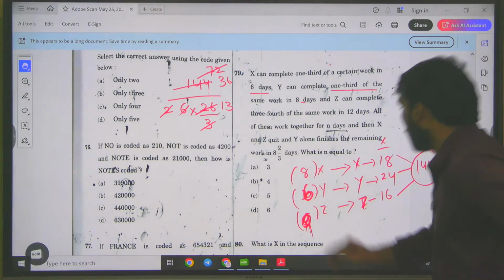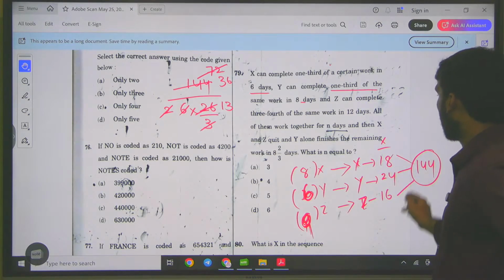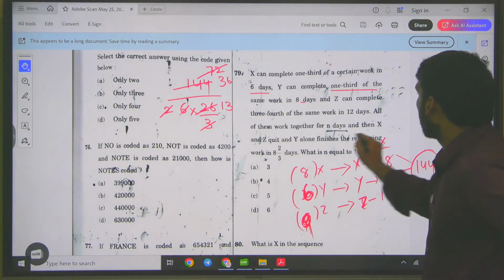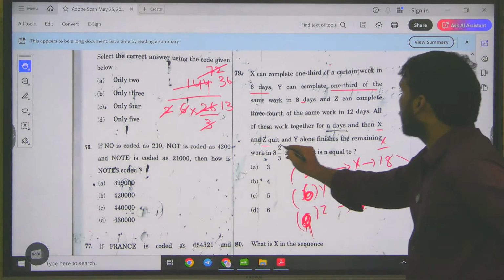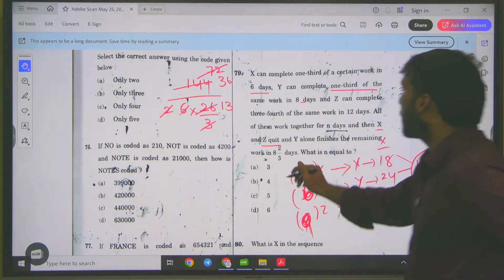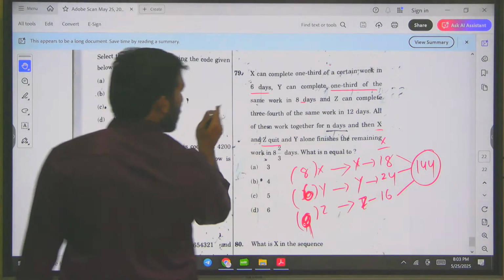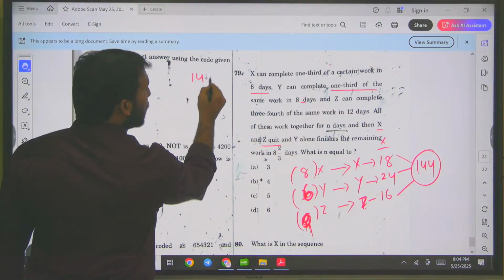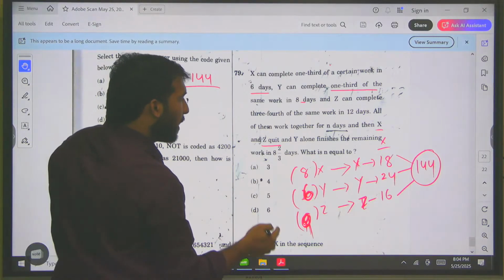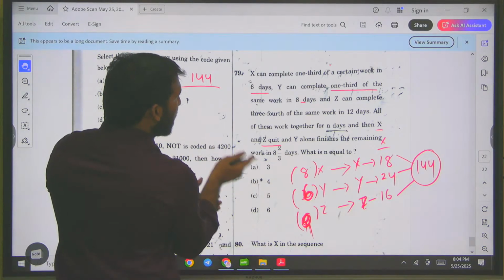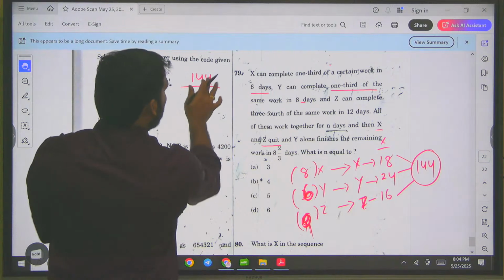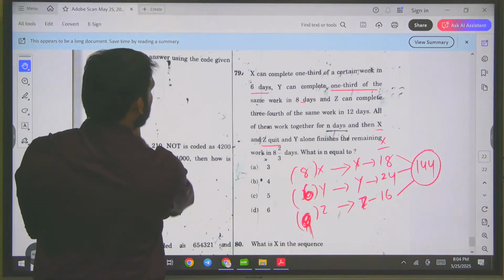16 nines are 144. 24 fives are 120, 24 sixes are 144. So after some days, X and Z quit, and Y alone finishes the remaining work in 8 2/3 days. If I consider how many days Y alone takes and how much work is left, I can consider 144 as the total work.